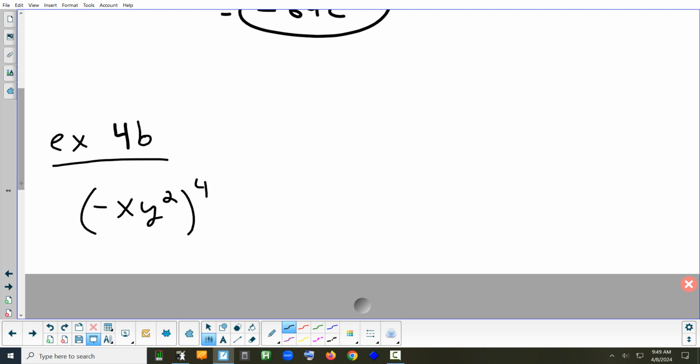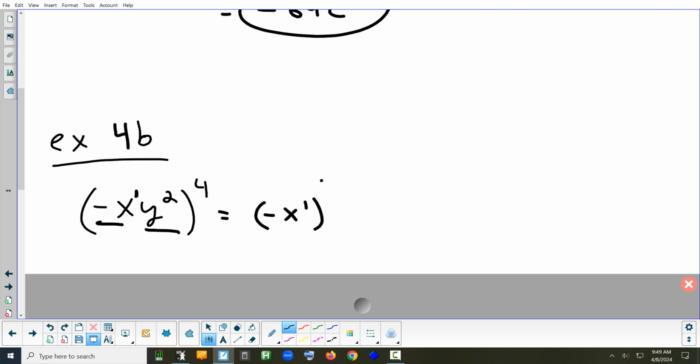Okay, what's the exponent on the x? 1. Yeah, it's a 1. There's nothing there. So now you're going to raise each of those factors to the power on the outside. Let's start with the negative x. What are we going to raise the negative x to? To what?